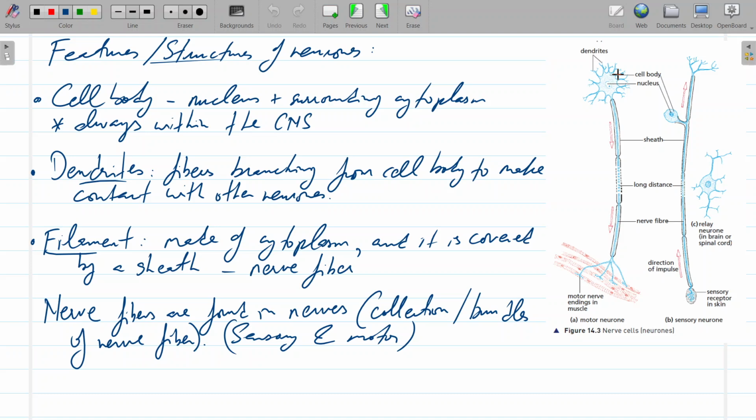Those signals are being received by the motor neurons, with connections from many other neurons from other nerve fibers, and they're all going to the muscles in your hand. And so that will cause a reflex action, which we'll talk about, for you to move your hand away from the hot object.